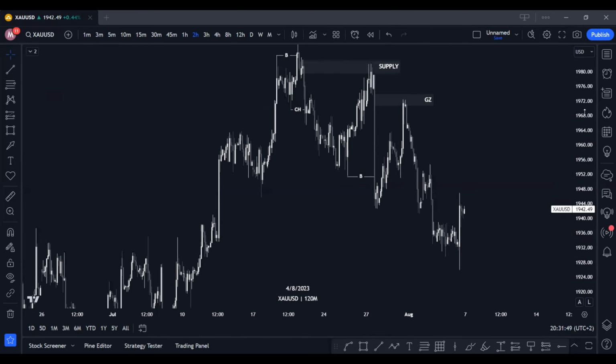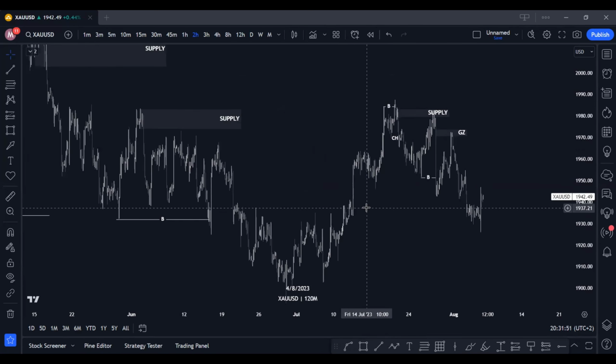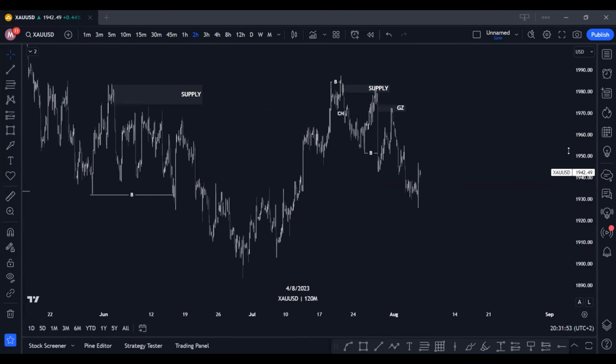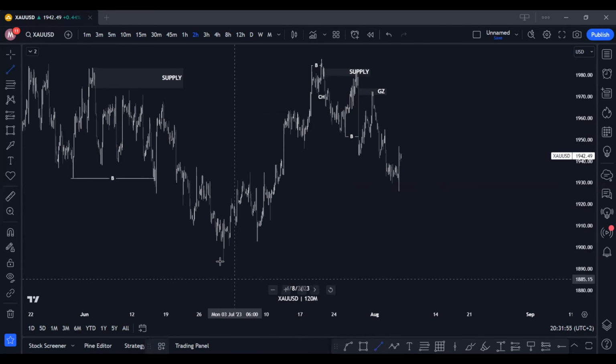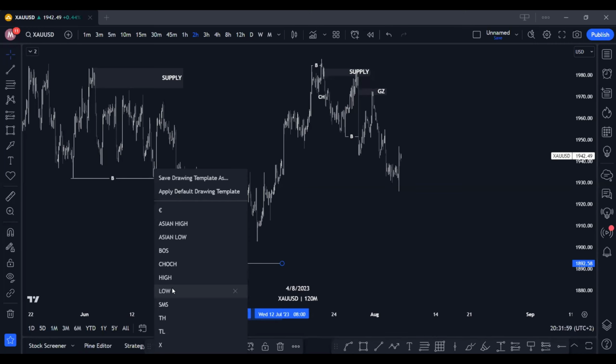Now what we're going to be looking for is price to violate this low here, this higher time frame low here.